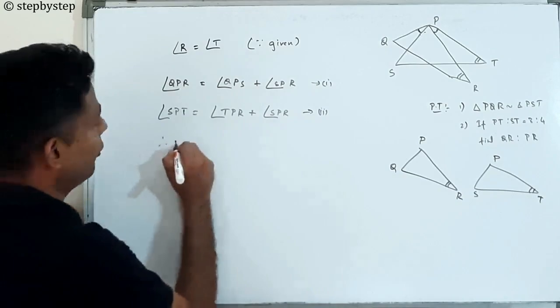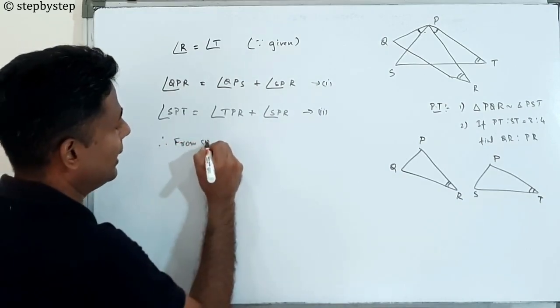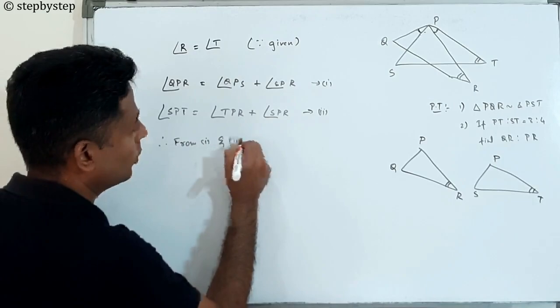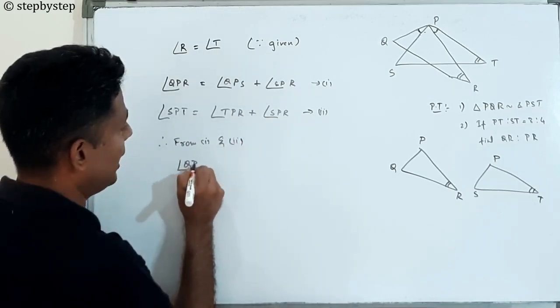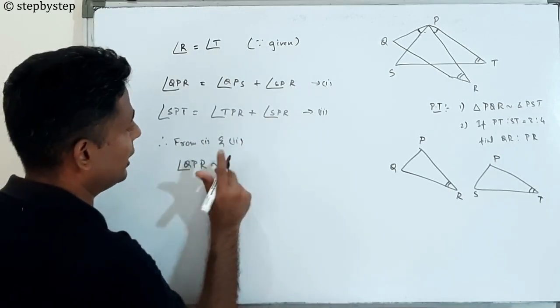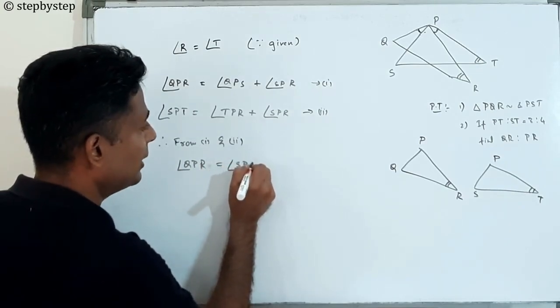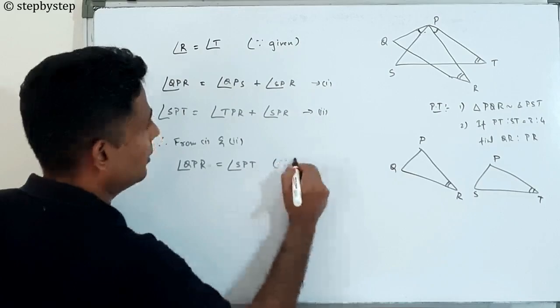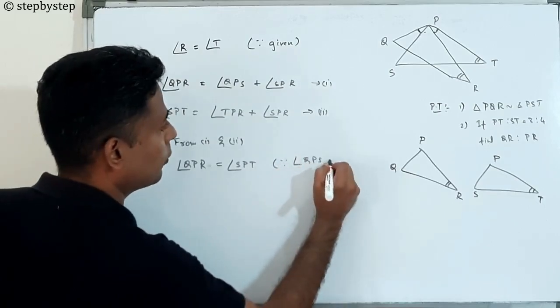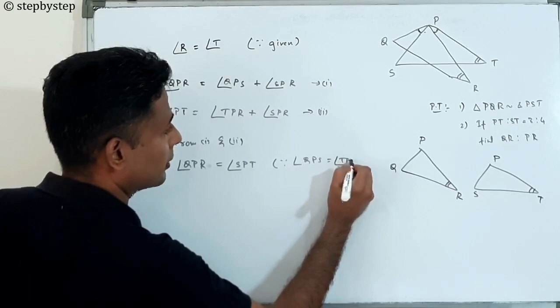So therefore from 1 and 2 we get QPR equal to angle SPT, because QPS equal to TPR, right?